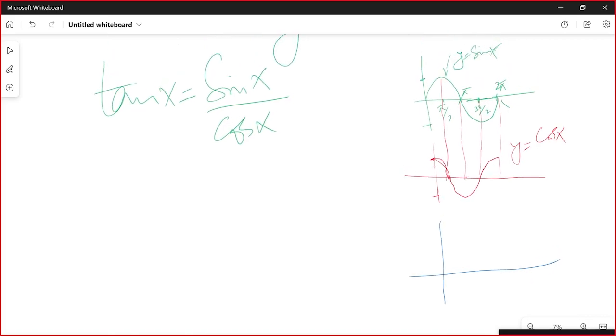So this is x and everywhere it's x, right? And we are now trying to plot y is equal to tan x. What would be the value of tan x at 0 degrees or 0 radians, you think?